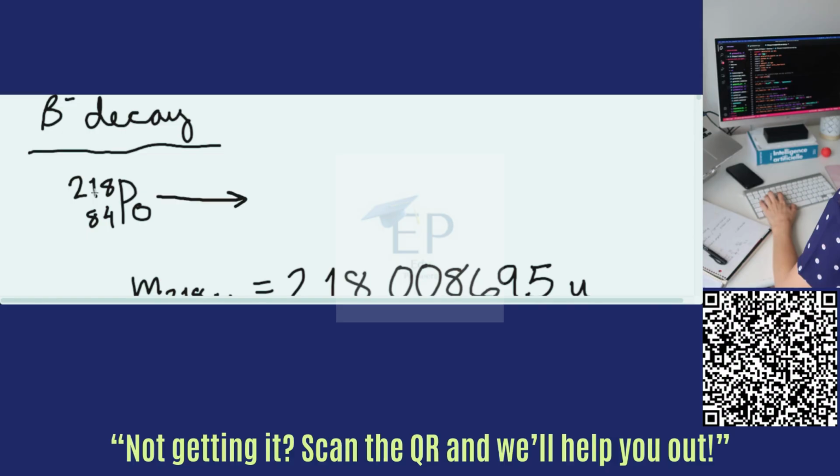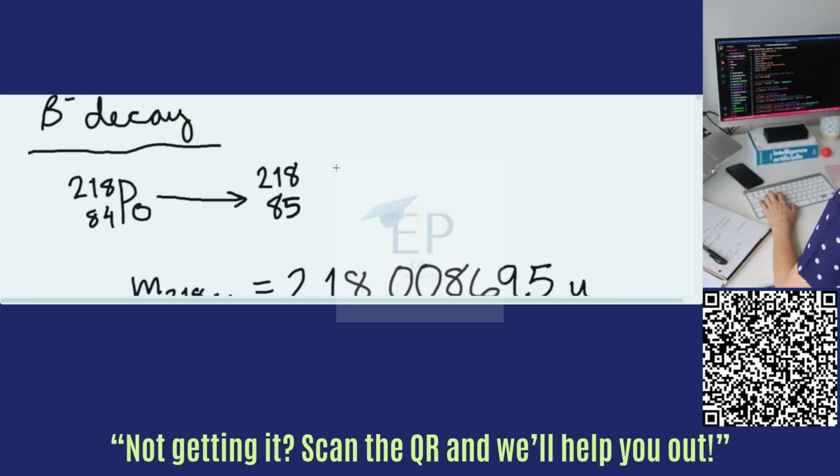The atomic mass number of the daughter element will remain the same as the parent, so we can write that as 218, but the number of protons is going to increase by 1. So the atomic number is going to go up to 85.